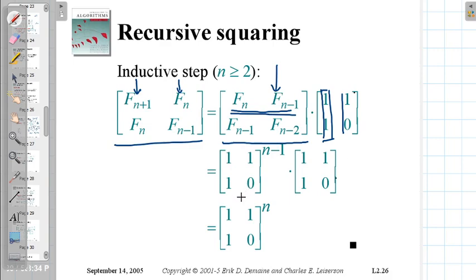That is a power n minus 1, and by those indices I am getting a power n. Okay, so a is 1 1 1 0. So we have got the proof, right? We have got the proof.